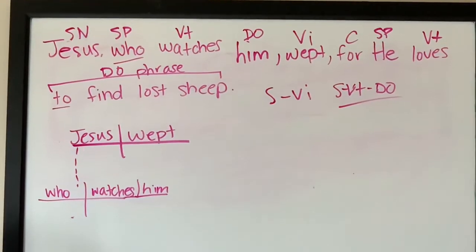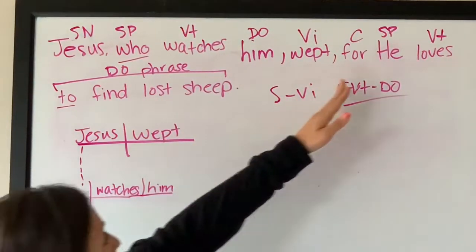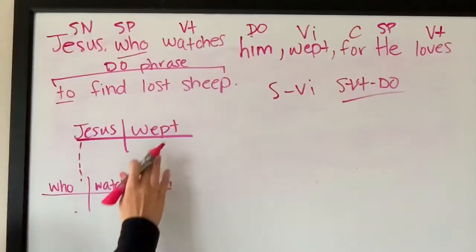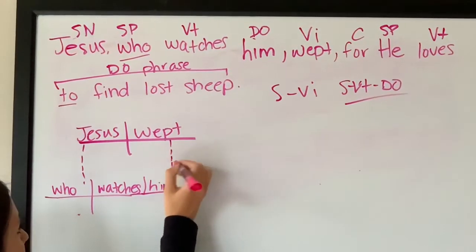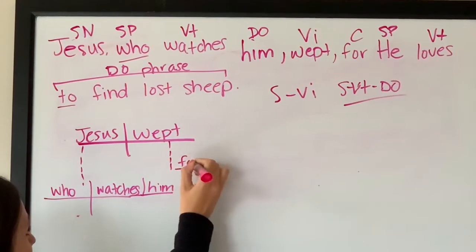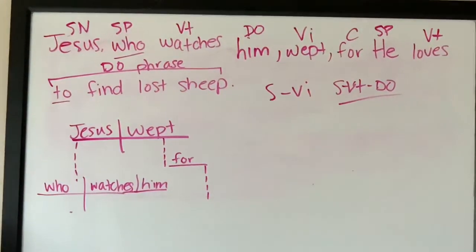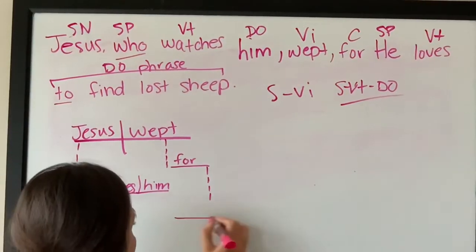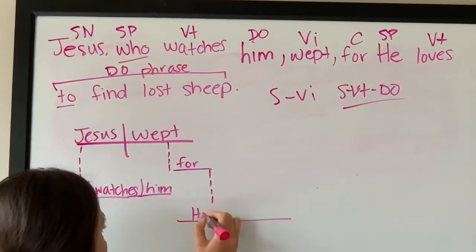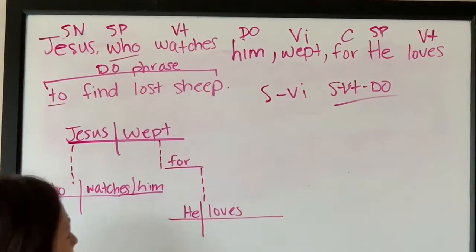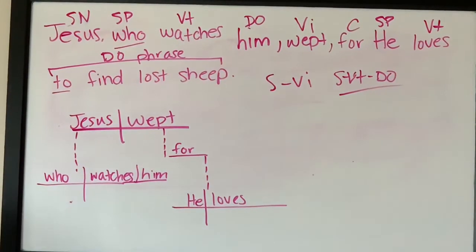Okay? Now, for he loves to find lost sheep. For is going to go underneath wept. For, he, loves. Now remember, to find lost sheep is an infinitive.